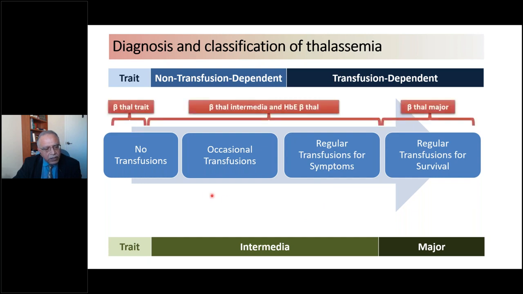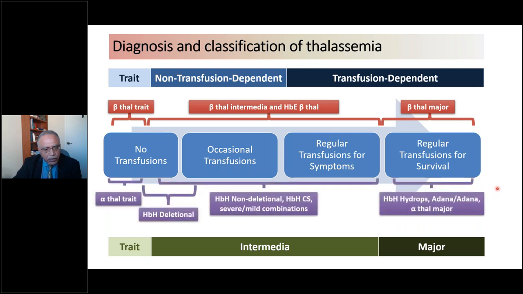Within this classification, we can then place the beta thalassemia diagnoses, beta thalassemia intermedia and E beta thalassemia. Some of these patients require no transfusions, occasional transfusions, or regular transfusions. And of course, beta thalassemia major patients require regular transfusions.